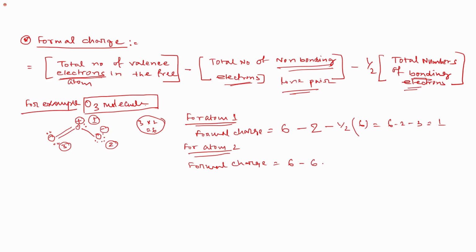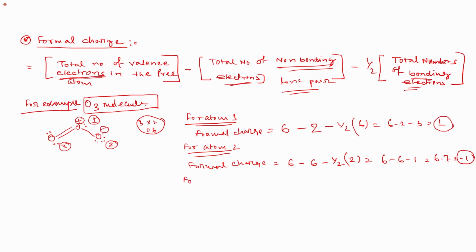For atom 2, the lone pair count is 3, so the number of non-bonding electrons equals 6, minus half of the bonding electrons. How many bonds are there? This oxygen forms 1 sigma bond, which means 2 bonding electrons. So 6 minus 6 minus 1 gives minus 1. Here the formal charge is minus 1, and here the formal charge is plus 1.